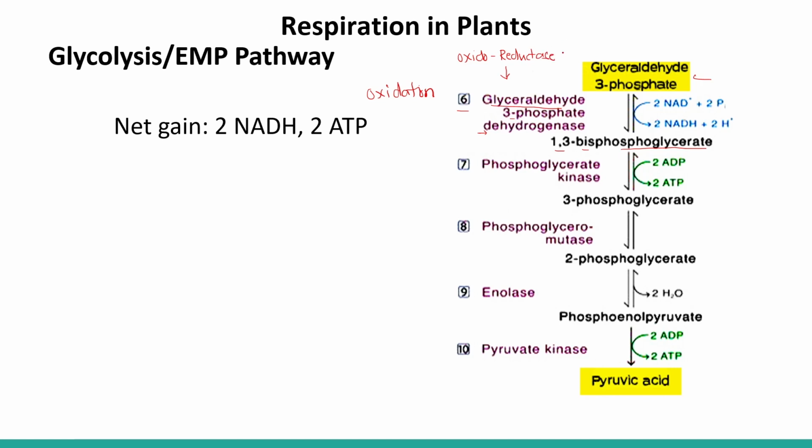What it does is reduce one compound and at the same time oxidize another compound, so there is an oxidation-reduction reaction going on here. NAD is converted into NADH. And what else is happening? Inorganic phosphate is being added to the glycerate phosphate, leading to the formation of 1,3-bisphosphoglycerate.